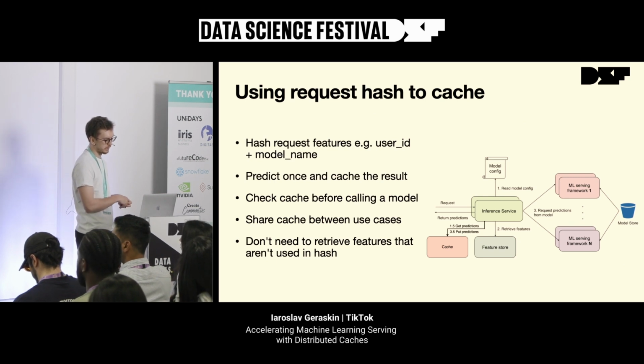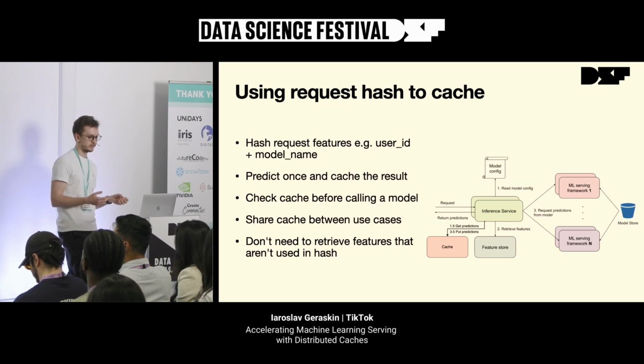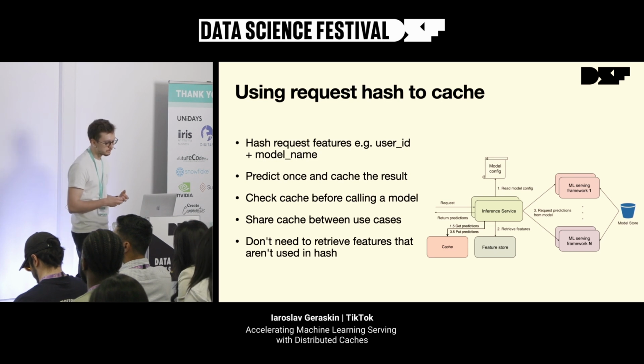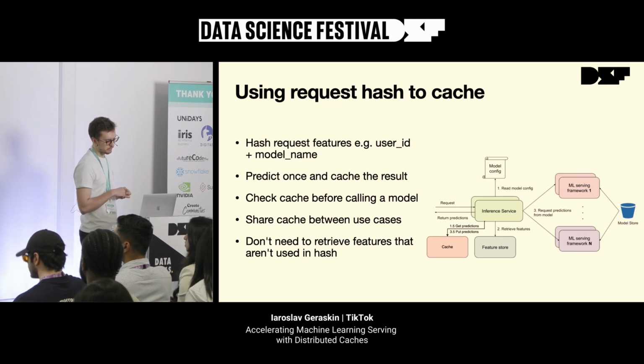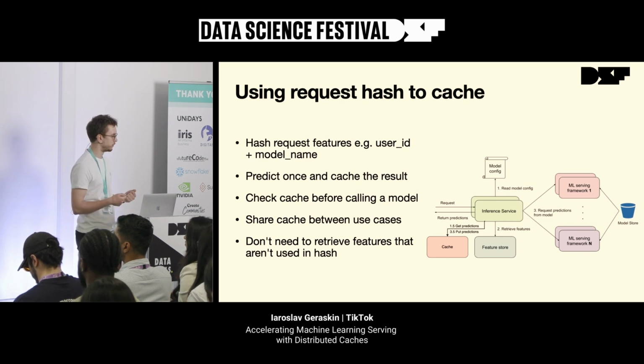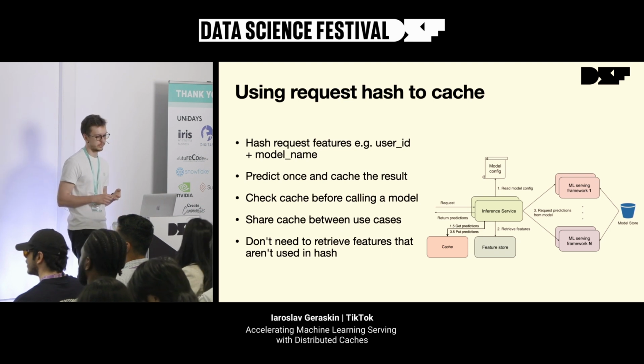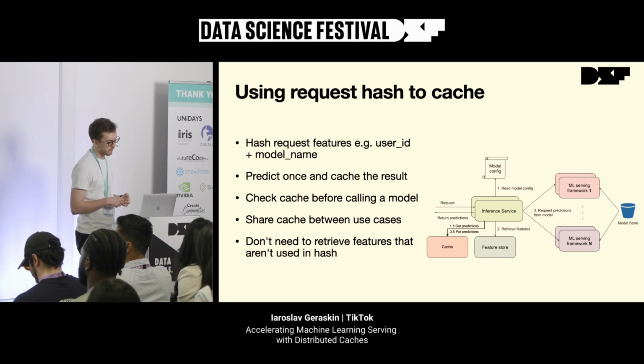For example, it can use the user ID and the model name that this event wants to compute on. And when it misses the cache, it will request the features from the feature store and send them to the machine learning frameworks to do the computation.